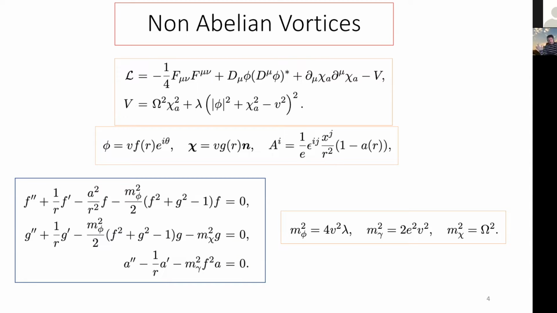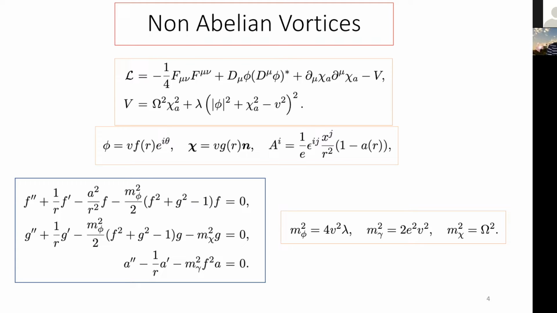Let's start with the simplest model possible. Non-abelian vortices arise from the usual Ginzburg-Landau model of vortices, which is just the abelian-Higgs model. You recognize here the standard abelian-Higgs model.